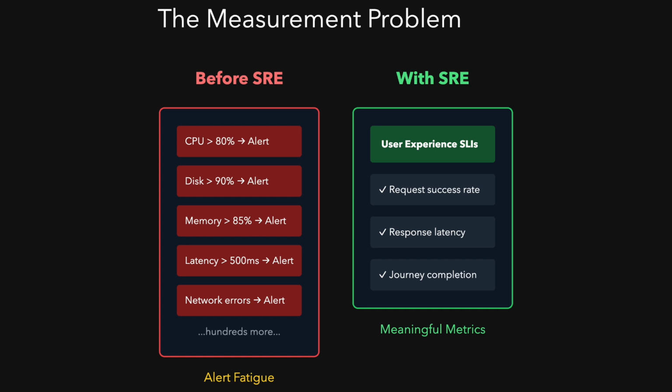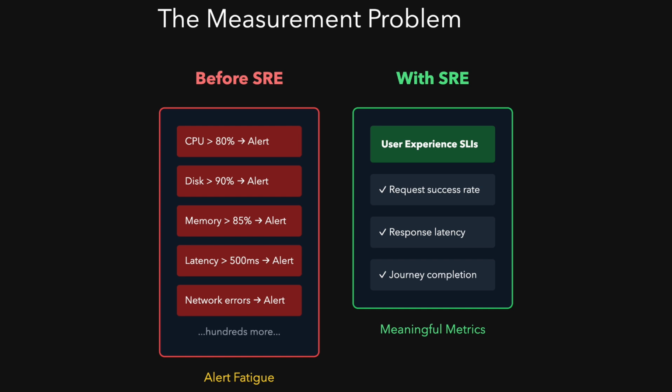Alert. Response time above 500 milliseconds? Alert. This is called alert fatigue, and it's a silent killer of reliability. When everything is urgent, nothing is urgent. You train your team to ignore alerts because most of them don't actually indicate user impact. And then, when a real incident happens, you miss it in the noise.